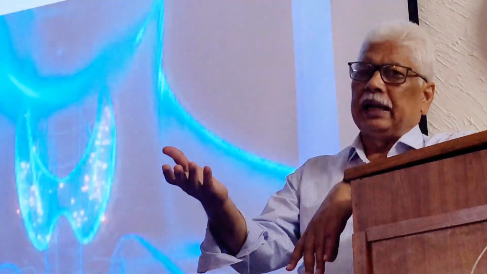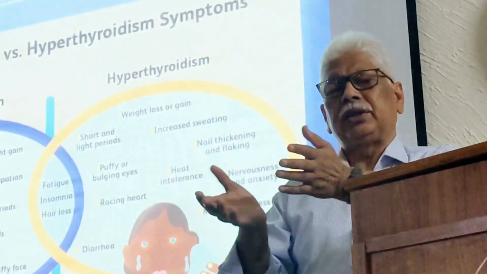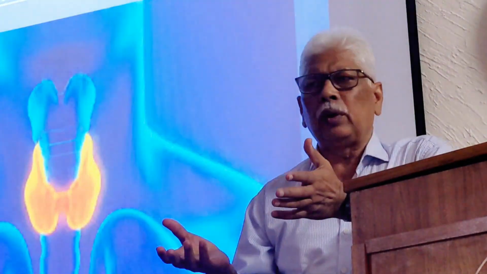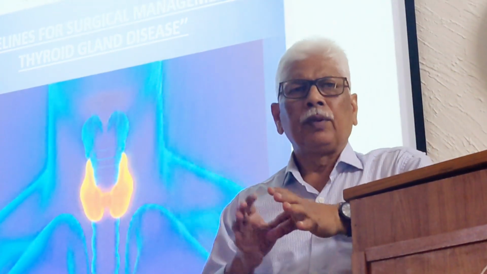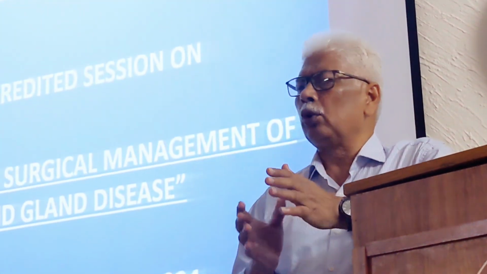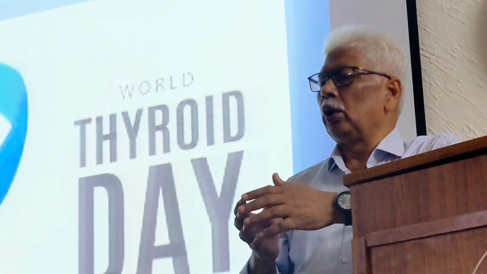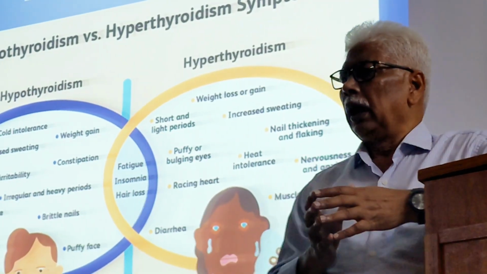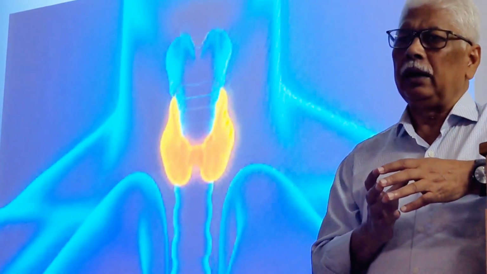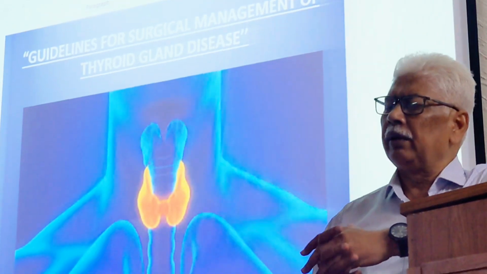Now you do a clinical examination. When you do a clinical examination of the swelling, there is nothing specific, except that you do an indirect laryngoscopy. It is still doubtful. Why do you do an indirect laryngoscopy? I don't know. In 99% of the cases, we find the vocal cords functioning normally.